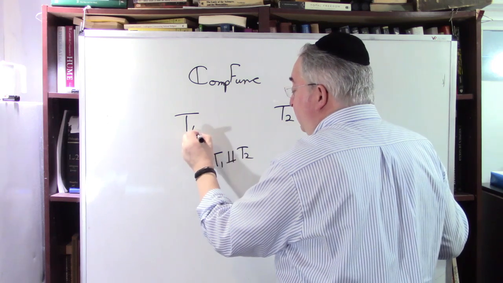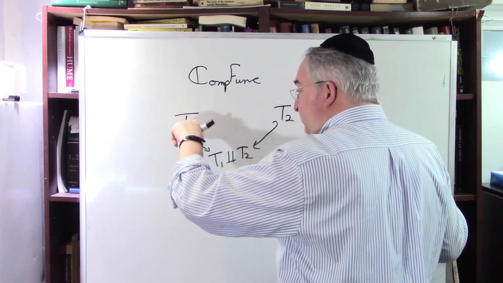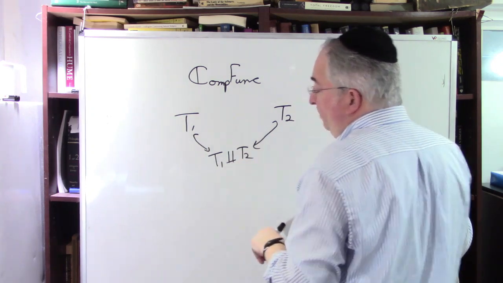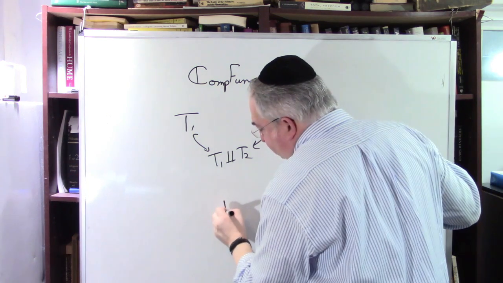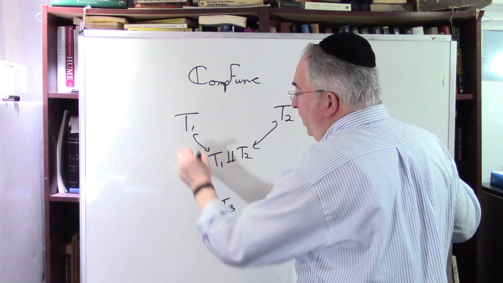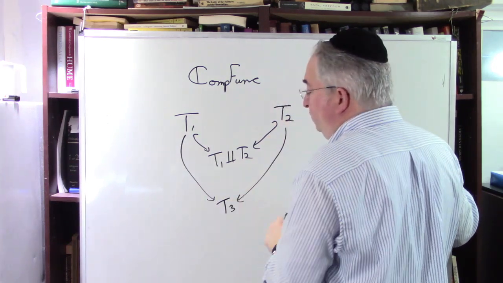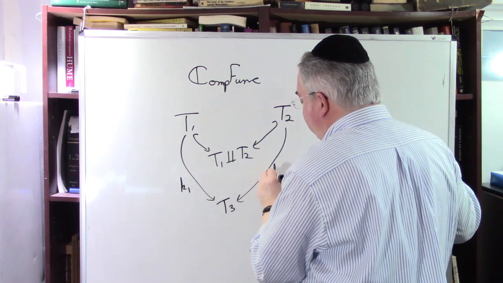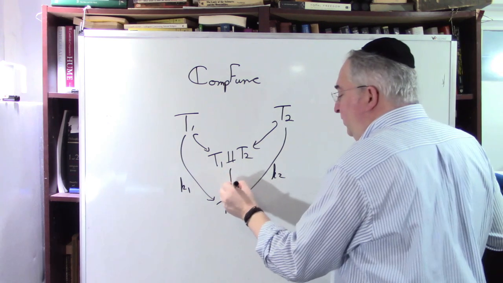There is definitely an inclusion function here. All the elements of the type here fit in here, all the elements of the type there fit in there. If we have some type T3, and we have a map from T1 to T3, which we'll call K1, and a map from T2 to T3, which we'll call K2, then there's a unique map like this.